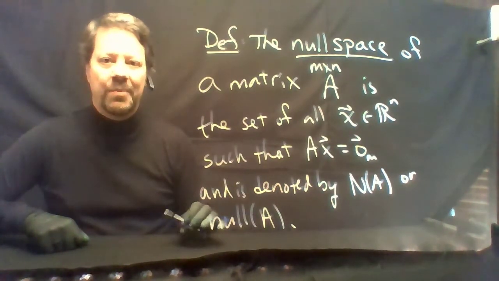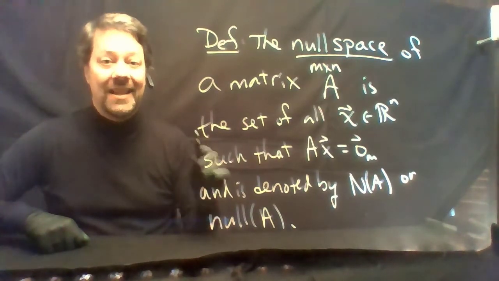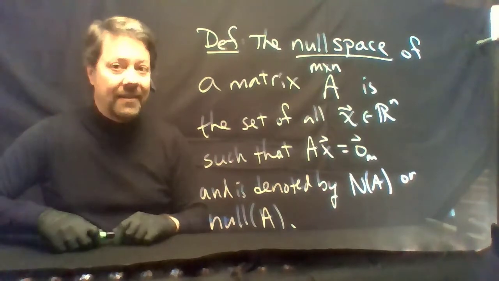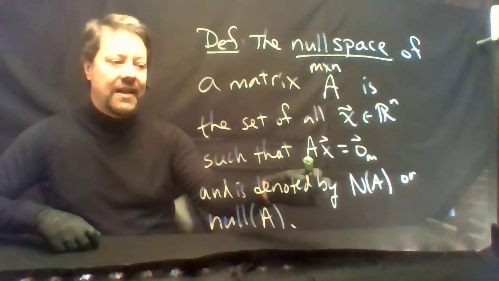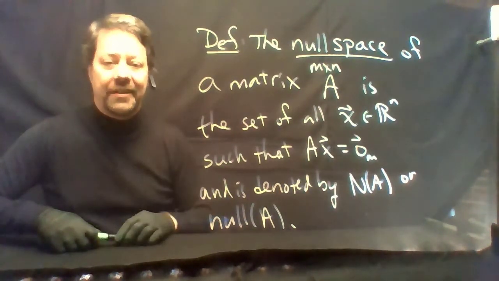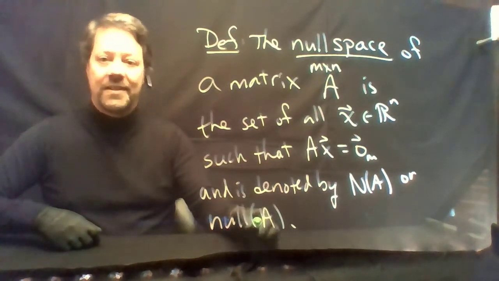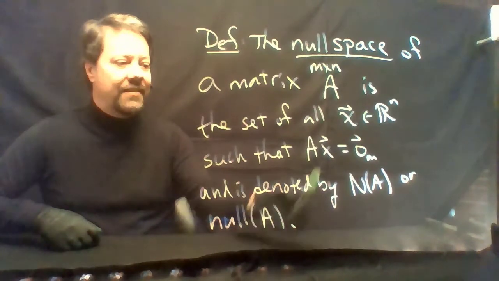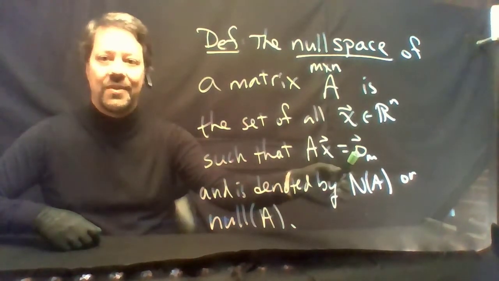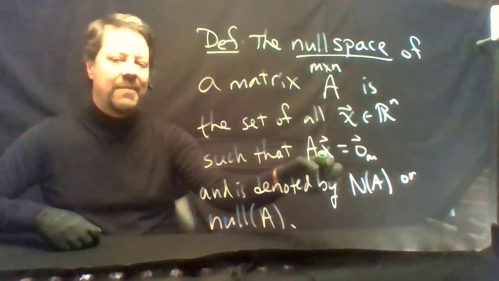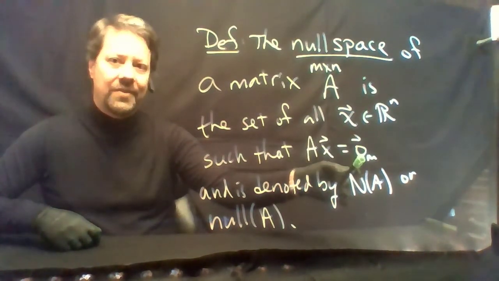It is a theorem to prove that the null space of a matrix is a subspace of Rn. But keep in mind, the null space of a matrix A is everything that the matrix A sends to the zero vector, everything in the domain that when you multiply by the matrix A on the left, you get the zero vector in the range.